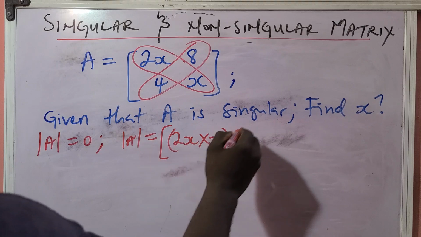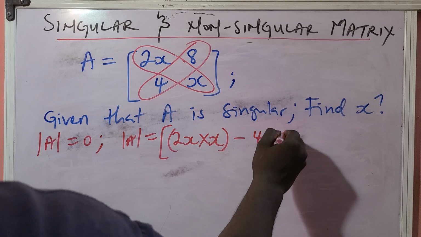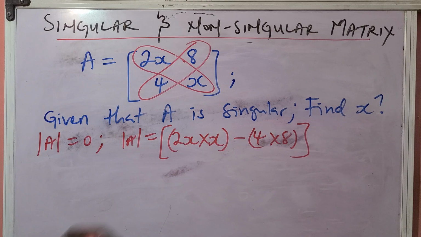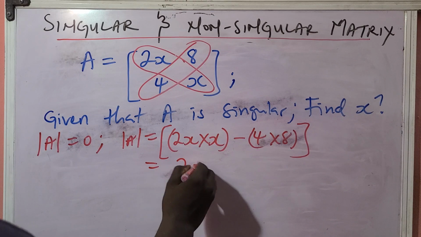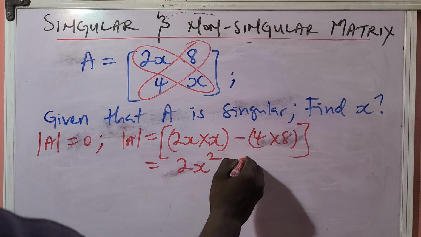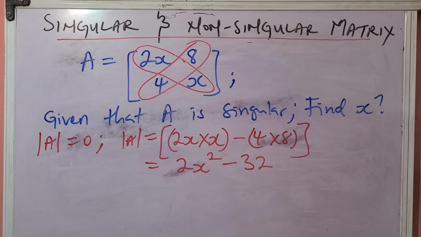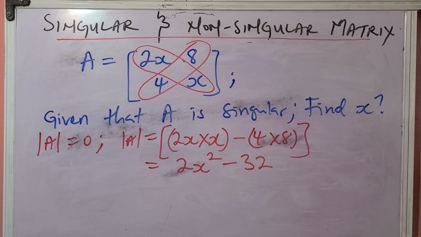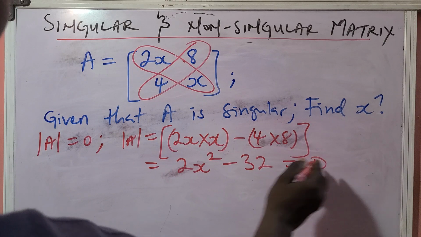minus 4 times 8. You then go on to resolve this to be 2x squared minus 32. Now, given that the determinant of A is given as 0, we can go on to equate this to 0.